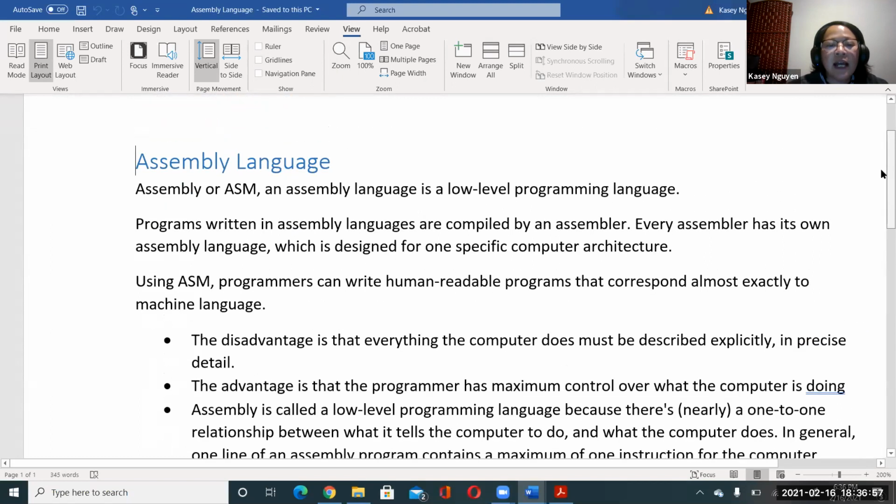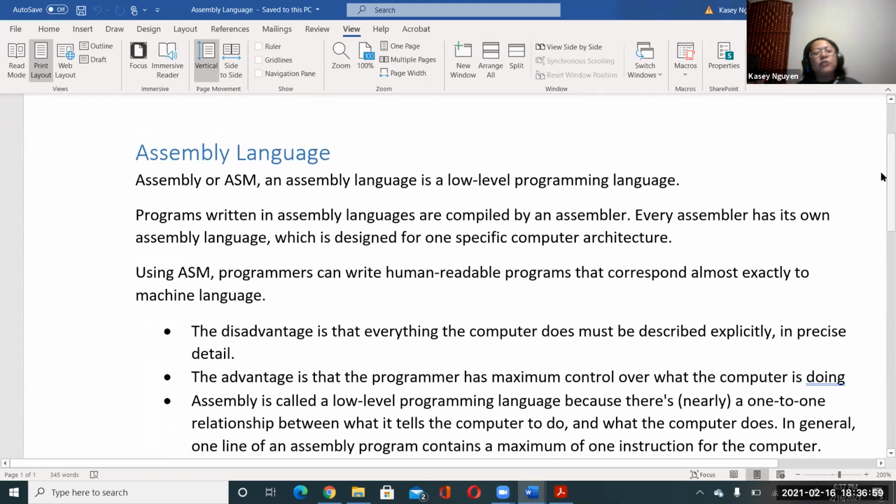I'll post that. Okay, so I briefly mentioned this, but assembly, ASM, is the language. It is really at the lower level. So if you write a statement like cin or cout, or when you include a certain library, all of that is really already handled by the compiler after you compile the program.